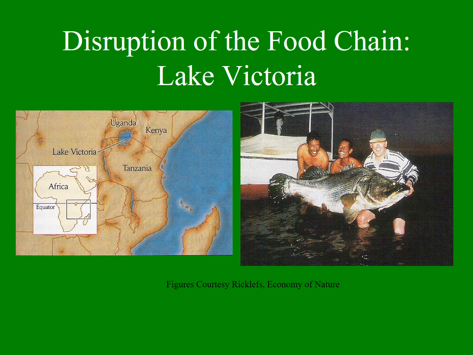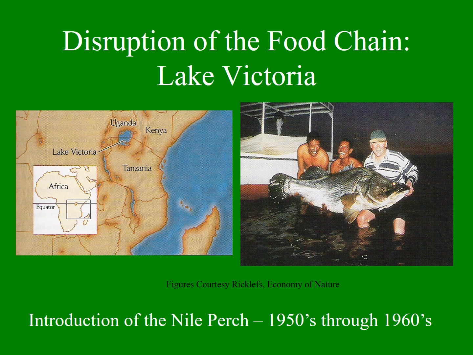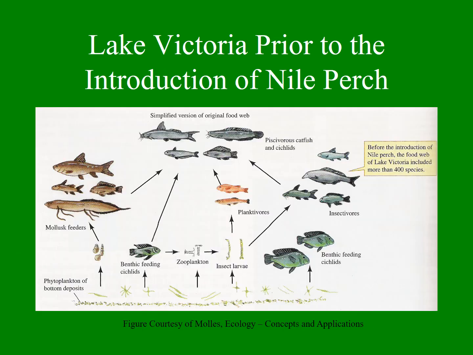They decided, let's introduce a large predatory fish. We'll have something more to catch, and you get 6 to 8 foot long Nile perch growing within the system. This was done in the 50s and the 60s, and it had a massive impact on the rest of the system because this can eat pretty much anything there, and basically led to the extinction of many species and caused the dramatic decline of most others.